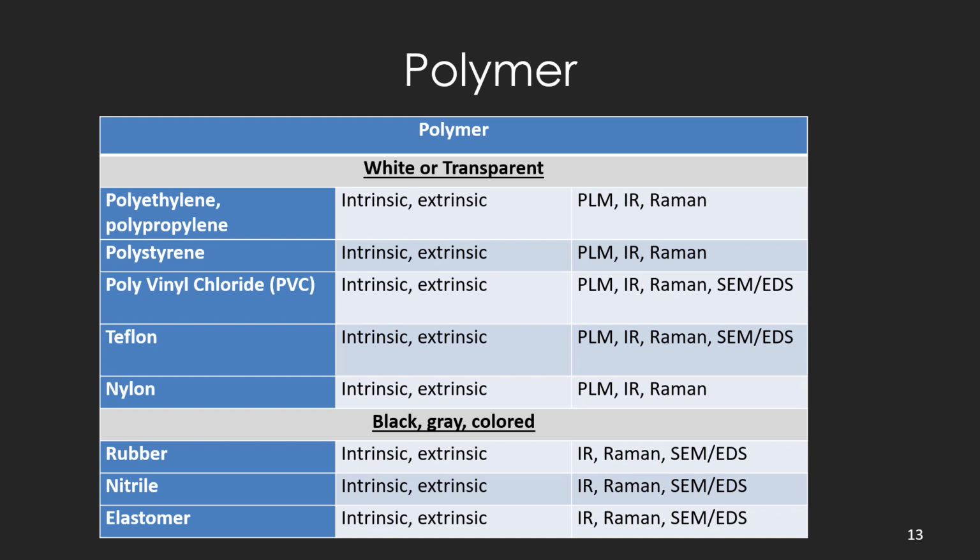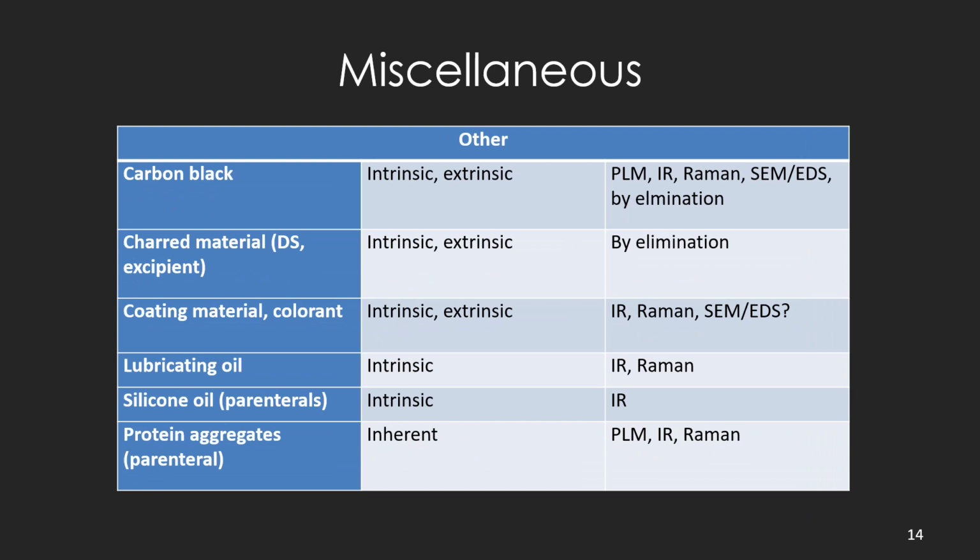Polymers, little bits of polymers in any form: polyethylene, polypropylene, polystyrene, PVC, Teflon. All of these are very common. Rubber, elastomer. Elastomers are not uncommon at all as contaminants. There's miscellaneous carbon black, both carbon black and charred material, stuff that's been burnt.